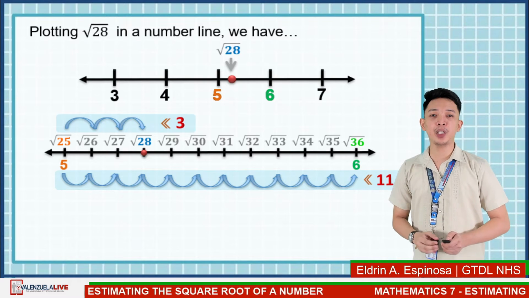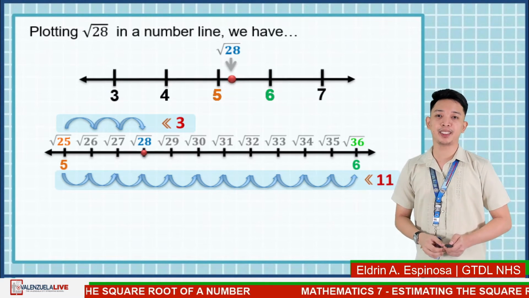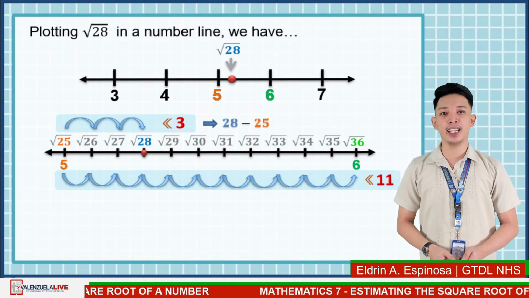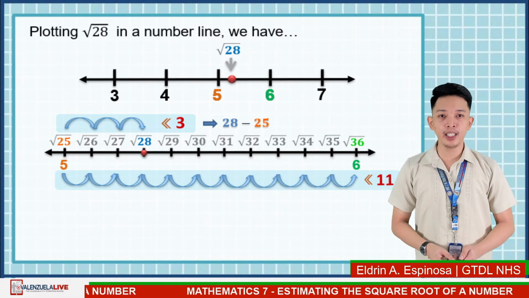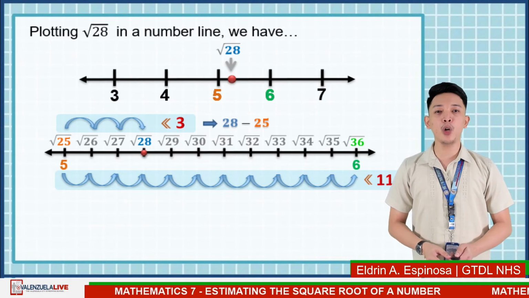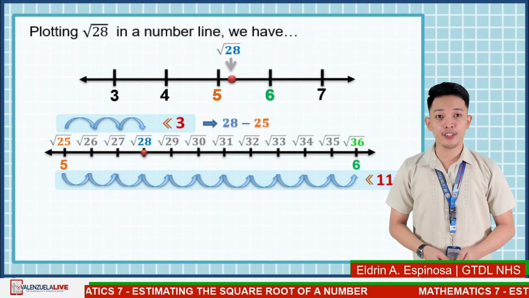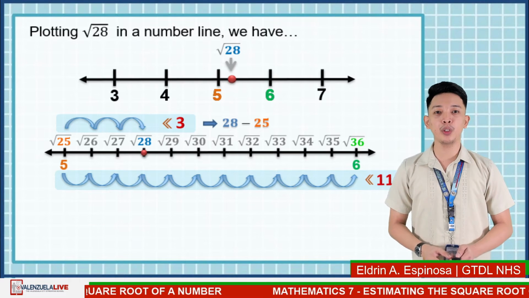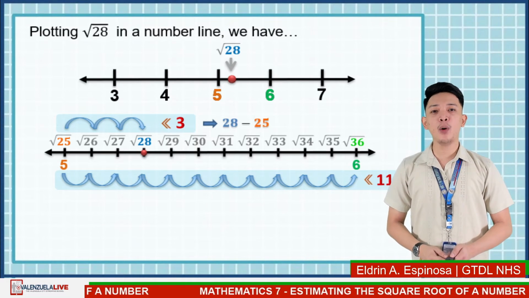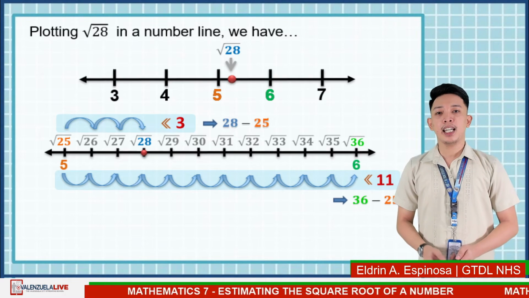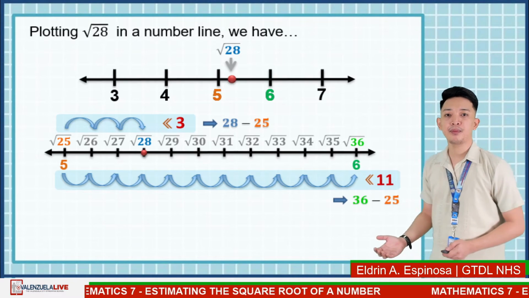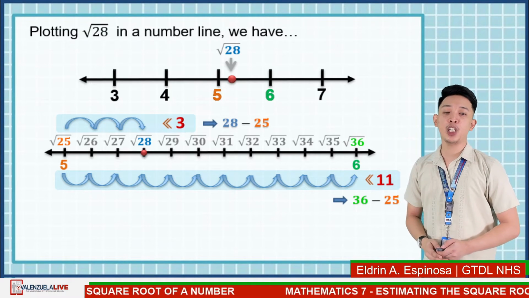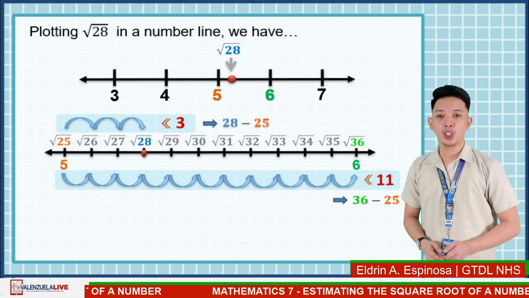We can get the fractional part by simply following these steps. For our numerator, just subtract the integer radicand of the given number, which is 28, and the integer radicand of the lower perfect square, which is 25. So we have 28 minus 25 is equal to 3. Then for our denominator, simply subtract the integer radicand of the greater perfect square, which is 36, and the integer radicand of the lower perfect square, which is 25.